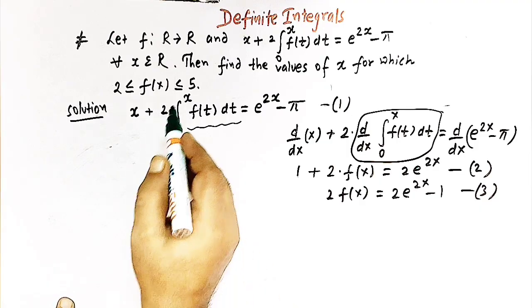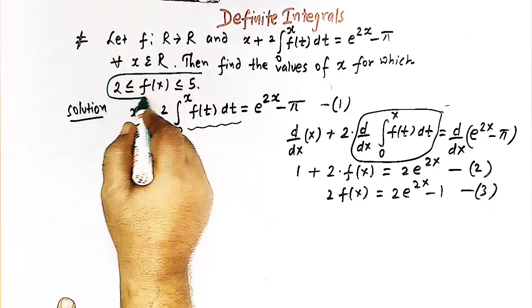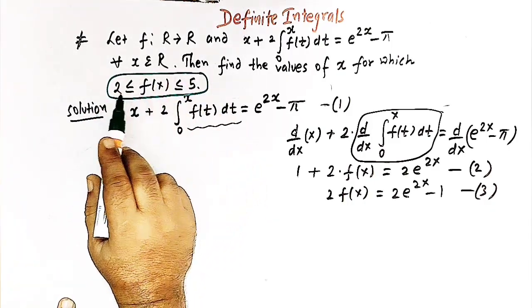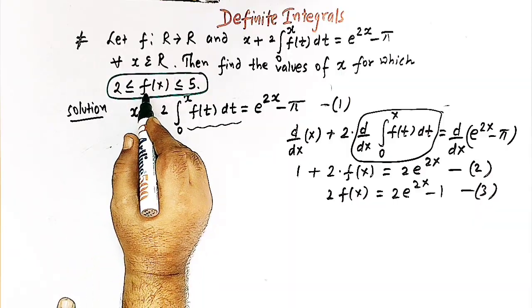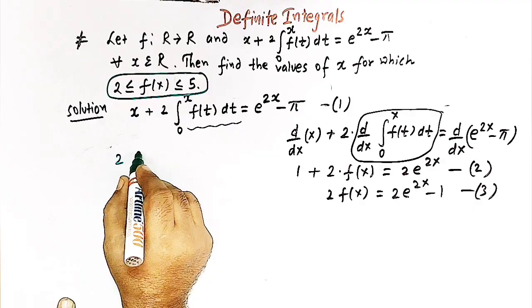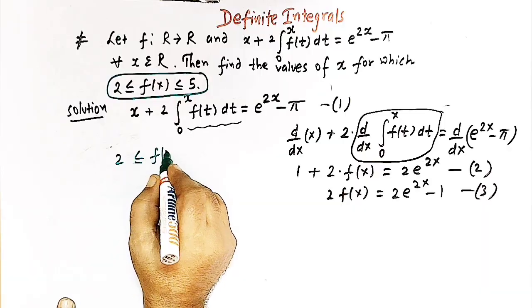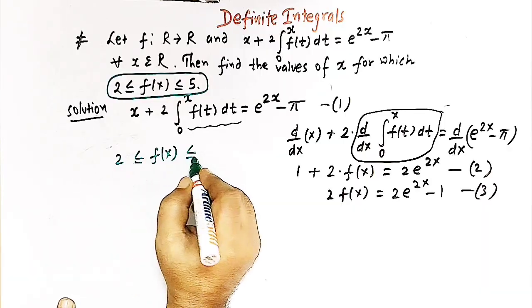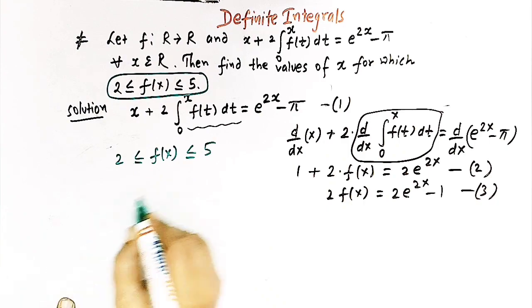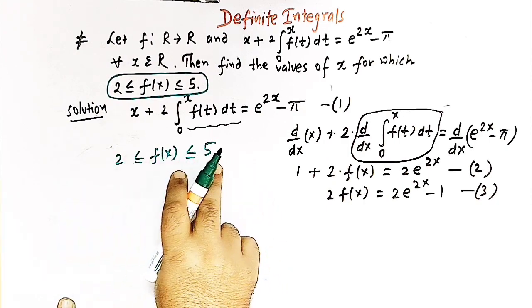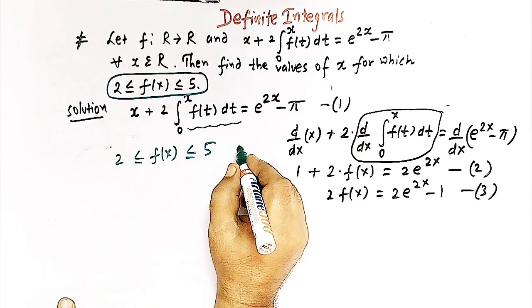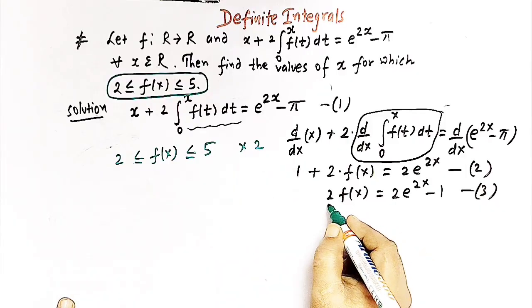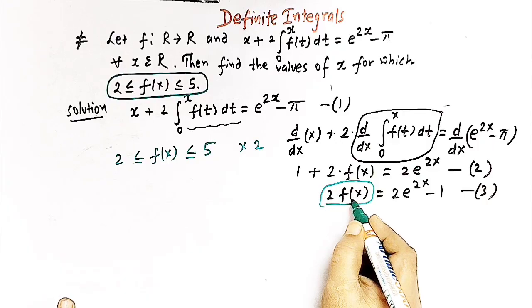So now here we are given this inequality, that is f of x satisfies this inequality. So here we have 2 less than or equal to f of x, and this is further less than or equal to 5. Now let us multiply this inequality throughout by 2, because here we have 2 times f of x.